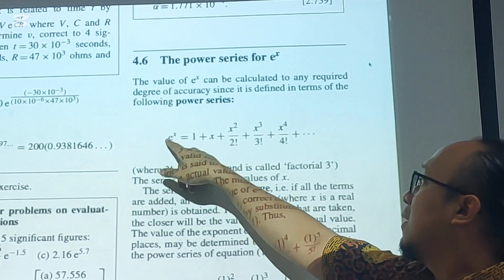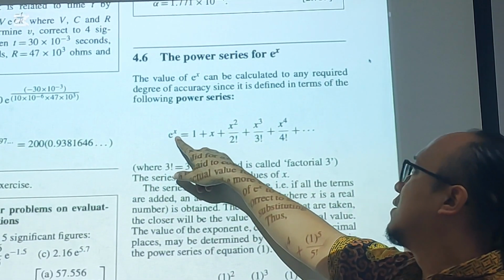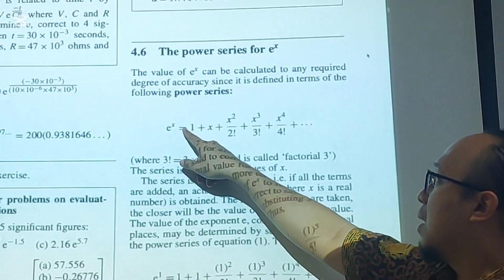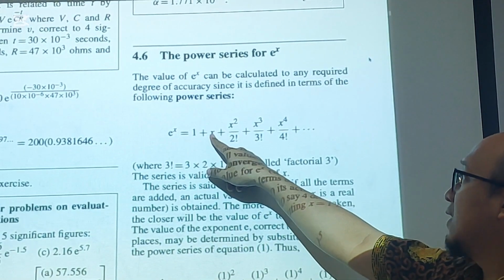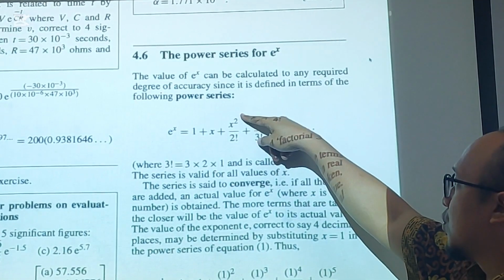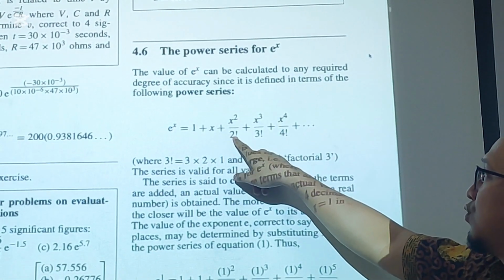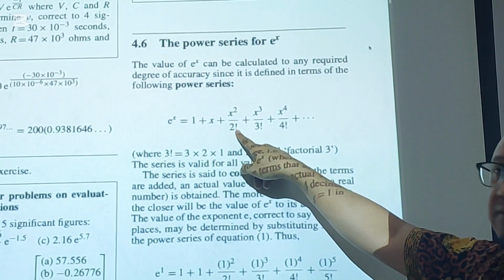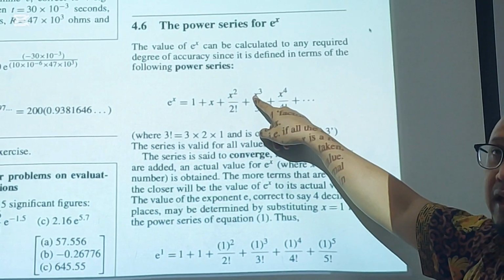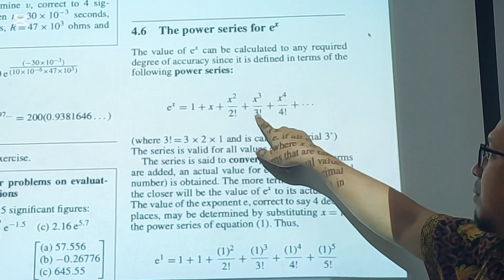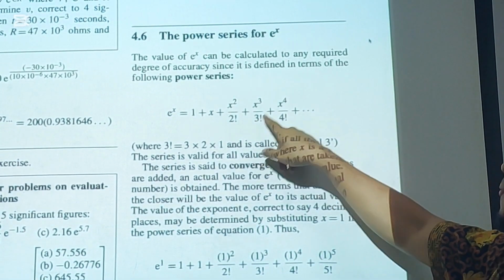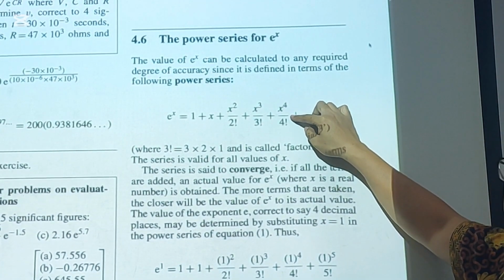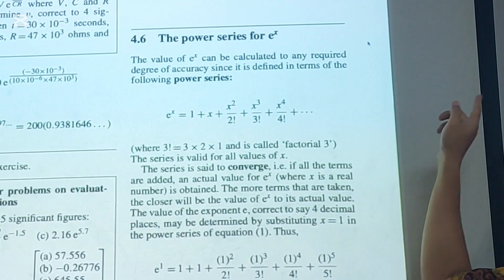For example, e to the x, this is called a power series, will become 1 plus x plus x squared divided by 2 factorial, plus x power 3 divided by 3 factorial, plus x power 4 divided by 4 factorial, and so on.